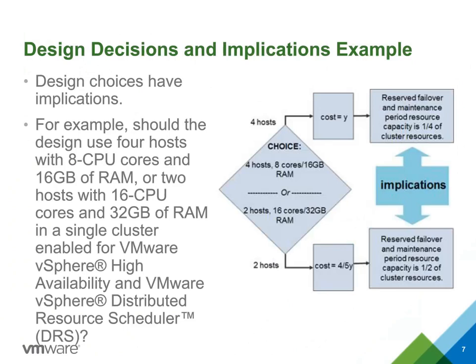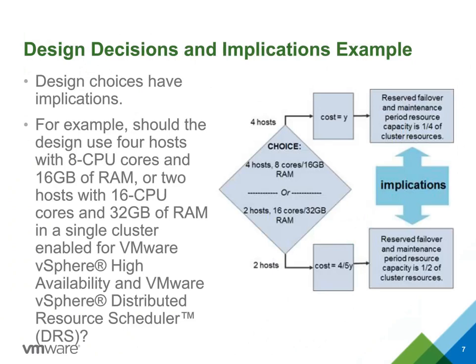Suppose an architect and a customer are working together to determine how many hosts and what size hosts they should use in the environment. Those hosts are going to be used to run virtual machines, and various features such as HA, high availability, and DRS may be turned on to support the needs of the customer.